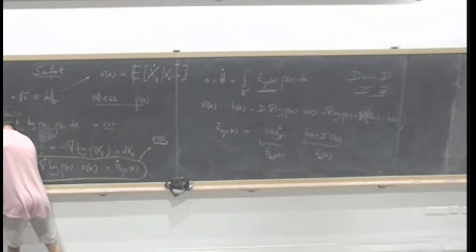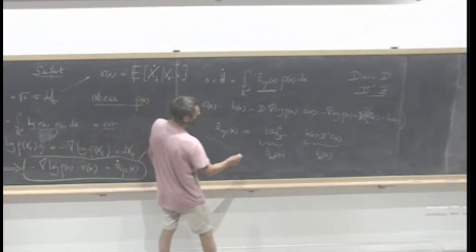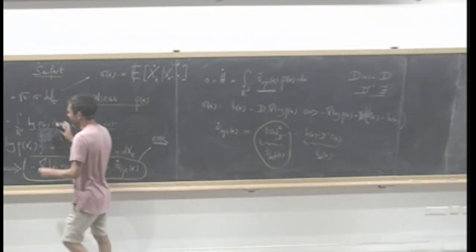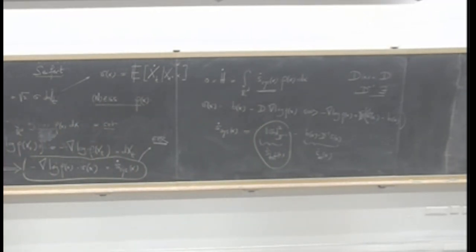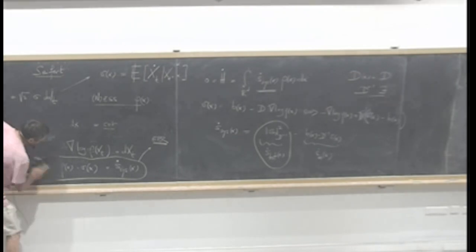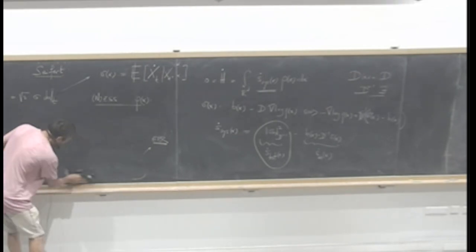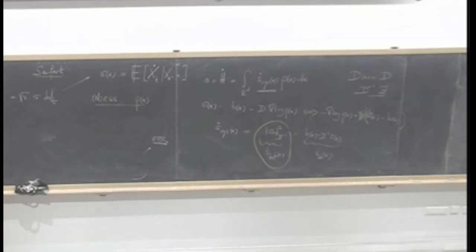Now, I want to focus on this to give another interpretation, and then we'll see if we want to do more. You remember that there's this guy, and I wrote this quantity. There was a BR.